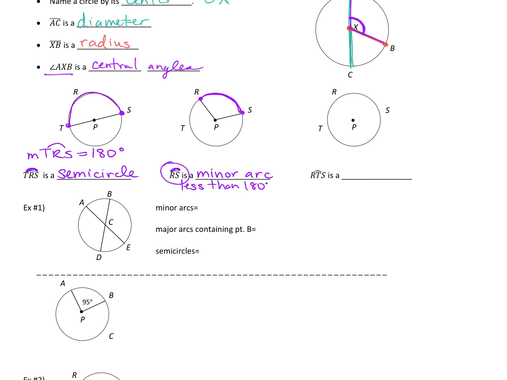Okay, then we have this guy, arc RTS. So RTS starts at R, goes through T and ends at S. Okay, notice it's 3 letters, right? That is called a major arc. And a major arc is always going to be bigger than 180.